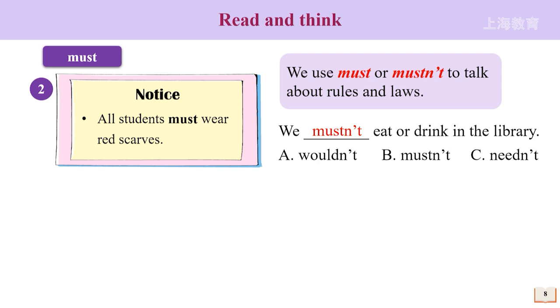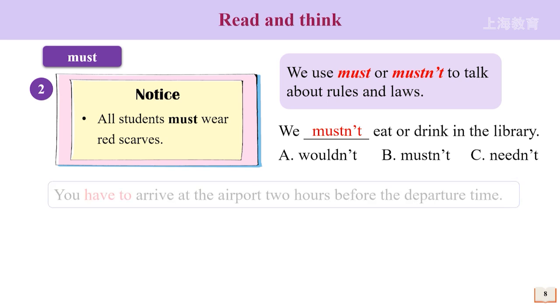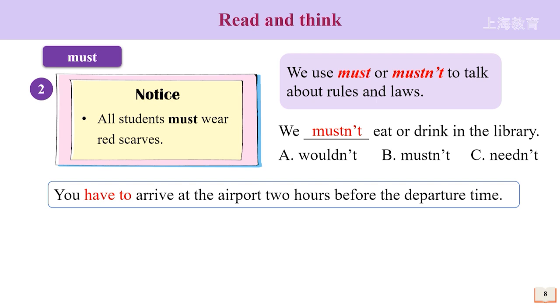Have to is very similar to must. We also use have to give advice. For example, you have to arrive at the airport 2 hours before the departure time. Please pay attention.